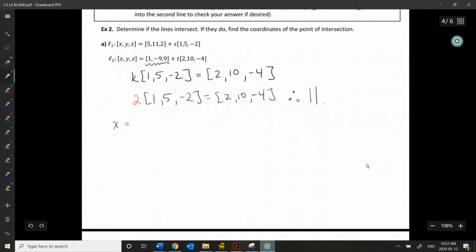So I'm just going to set up 3 parametric equations for my first line, and we're going to plug in the x, y, z of our point on our second line that we're trying to test. And we're going to solve for s and see if we get the s's all equal or not. That will tell us whether our lines are parallel coincident or parallel distinct.